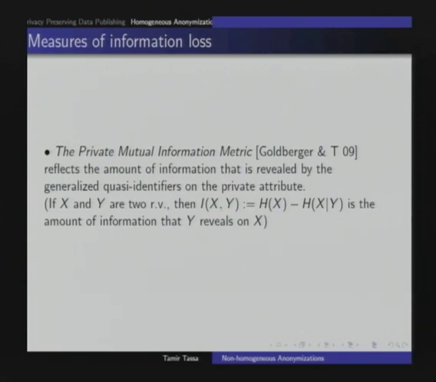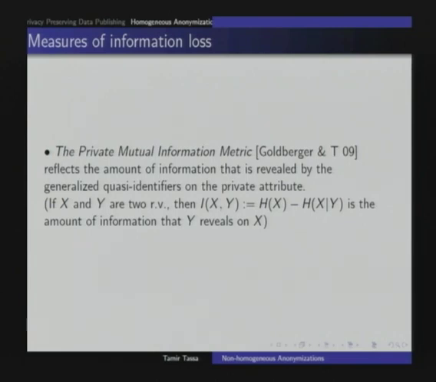Another measure that is aware of the way in which the data will be used, again in contrast to the first two measures which I mentioned, is the private mutual information metric from a paper from 2 years ago. And this metric again uses the understanding that a plausible usage of data is to infer a classifier that will take the quasi-identifiers and will try to deduce the sensitive value that goes with them.